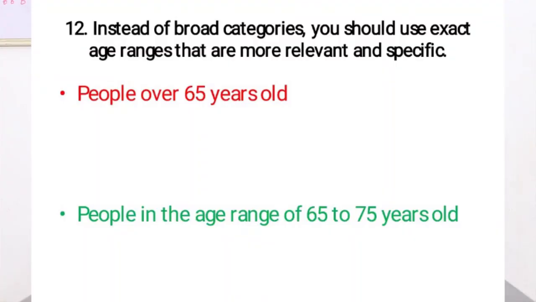Number 12 difference between APA 6 edition and APA 7. Instead of broad categories, you should use exact age ranges that are more relevant and specific. In APA 6, you can say people over 65 years of age, but now in APA 7, you say people in the range of 65 to 75 years of age.